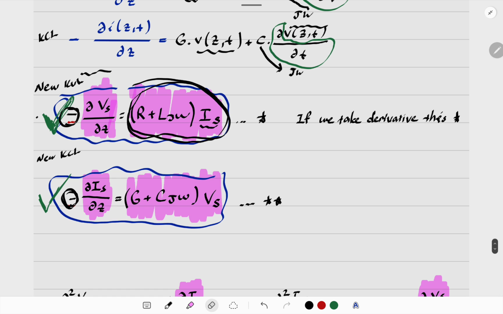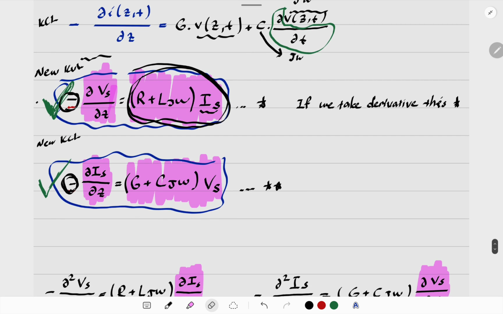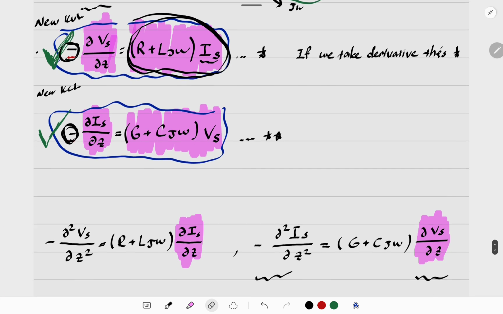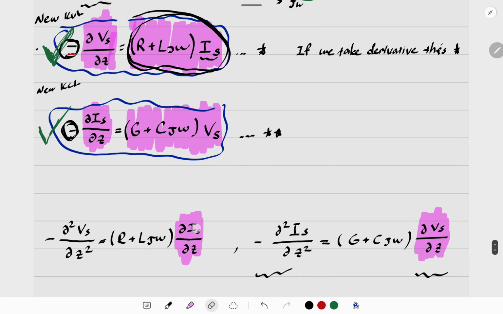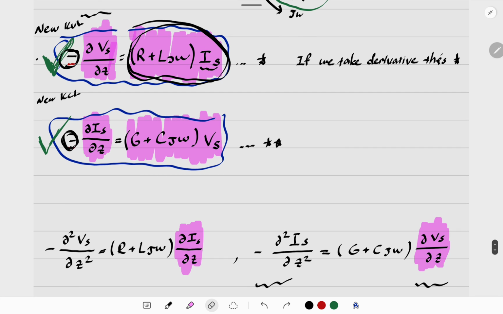And if we take the derivative of these two equations one by one, we start with the upper one. We see that del Is over del z appears in the equation, and this appearance leads us to think that this whole equation can be fit into this one.